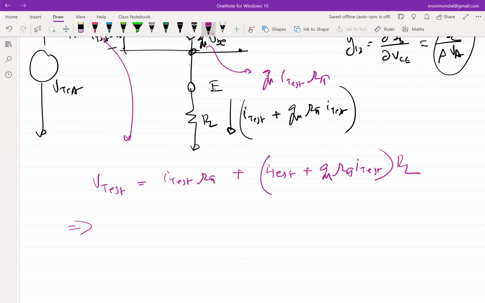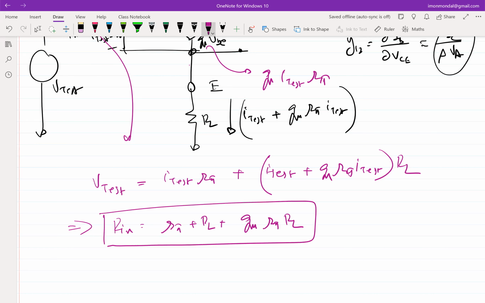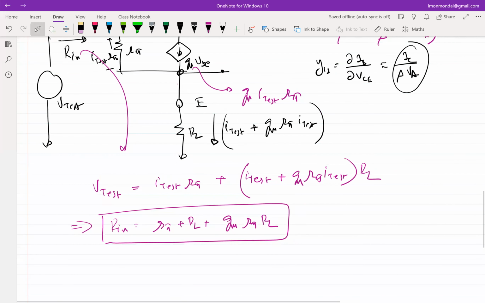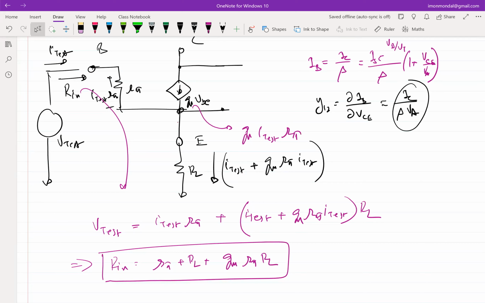So your V test over I test, that is Rin, becomes r pi plus RL plus gm r pi RL. So this is a side effect of this. This is not infinite, because you have a finite base current.